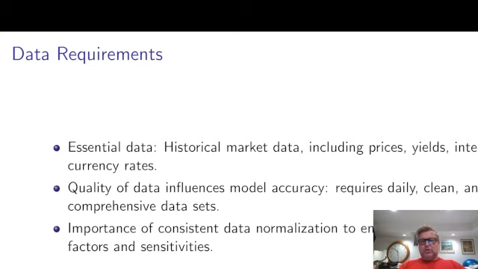The market data can include prices, yields or rates, interest rates of the curve, and FX rates. The quality of this data is very important because, again, we need to calculate what the volatility and the covariances are of the underlying data. So we want clean data, we want comprehensive data, and we want daily data.